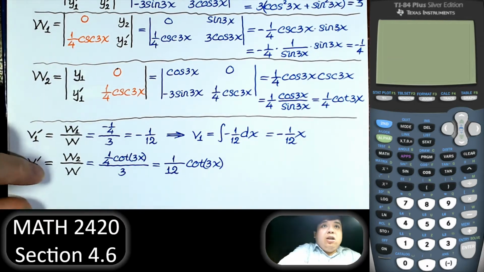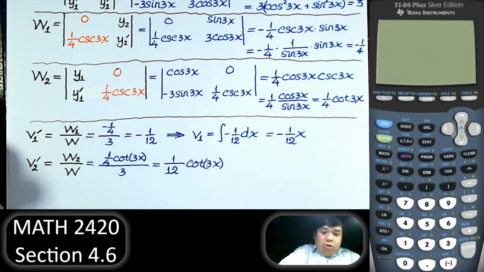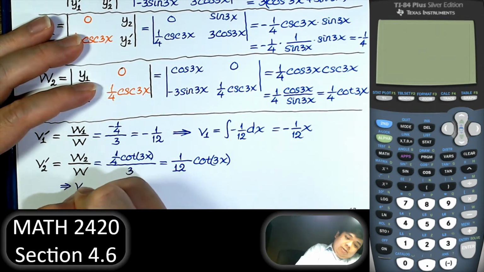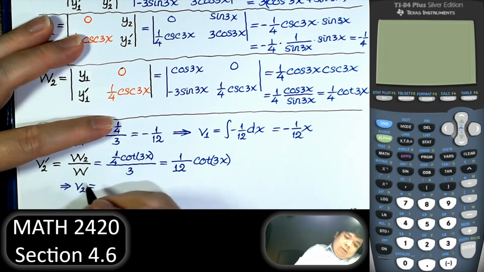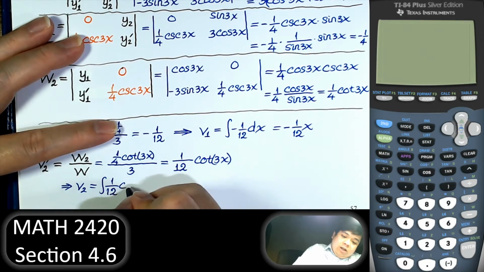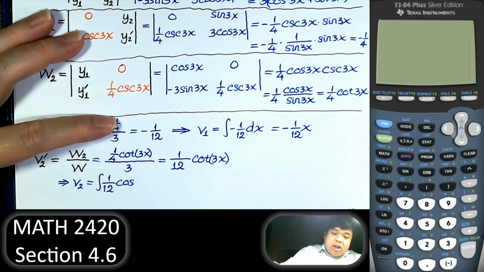So if that is the derivative, to solve for V2, we need to integrate 1 over 12 cotangent of 3x.